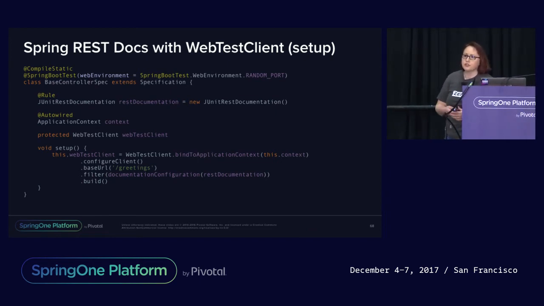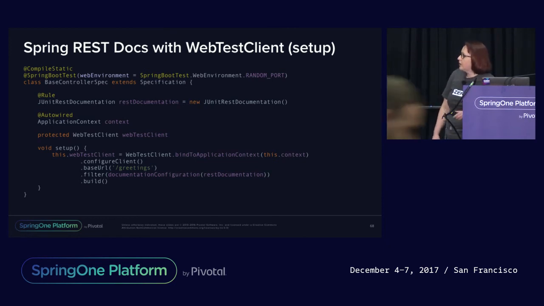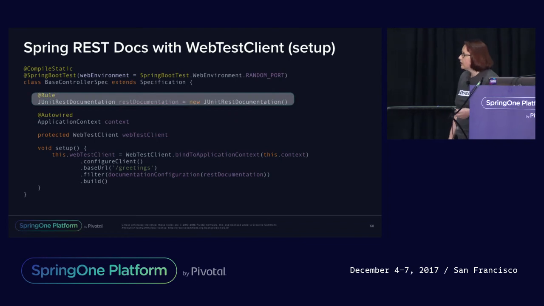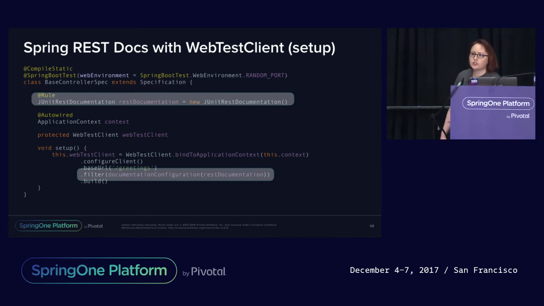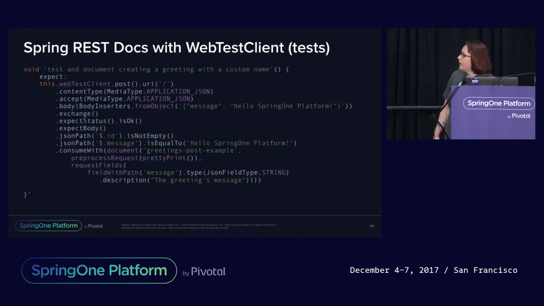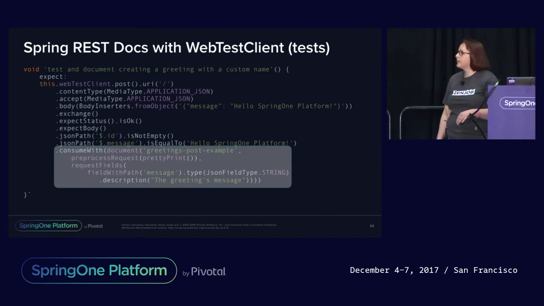There are lots of different options if you need to manually configure this in a different way. But the main thing is to set up there, and then to hook it in as a filter, which is just telling it to read those requests and responses. We take the test that we had before, and we add a consume with.